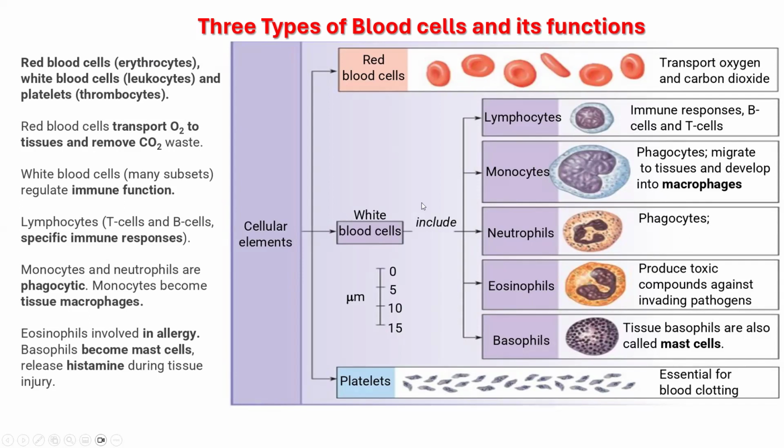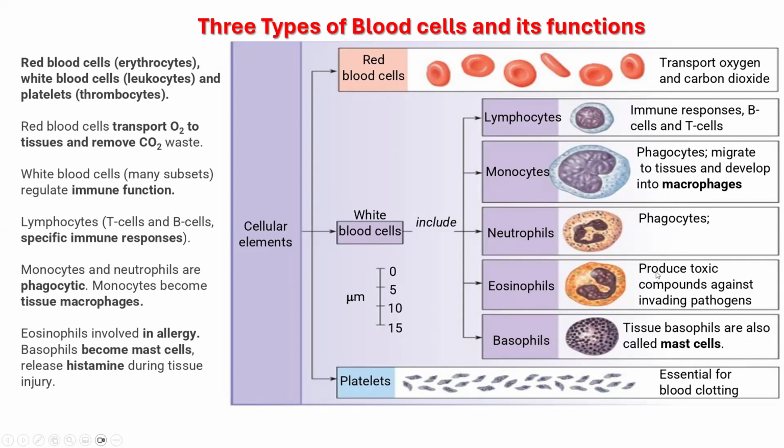White blood cells, like I said, include many types. Lymphocytes are responsible for immune responses, mainly B cells and T cells. Monocytes, which are phagocytic cells, migrate to tissue and develop into macrophages. Neutrophils mainly fight bacteria; these are phagocytes.